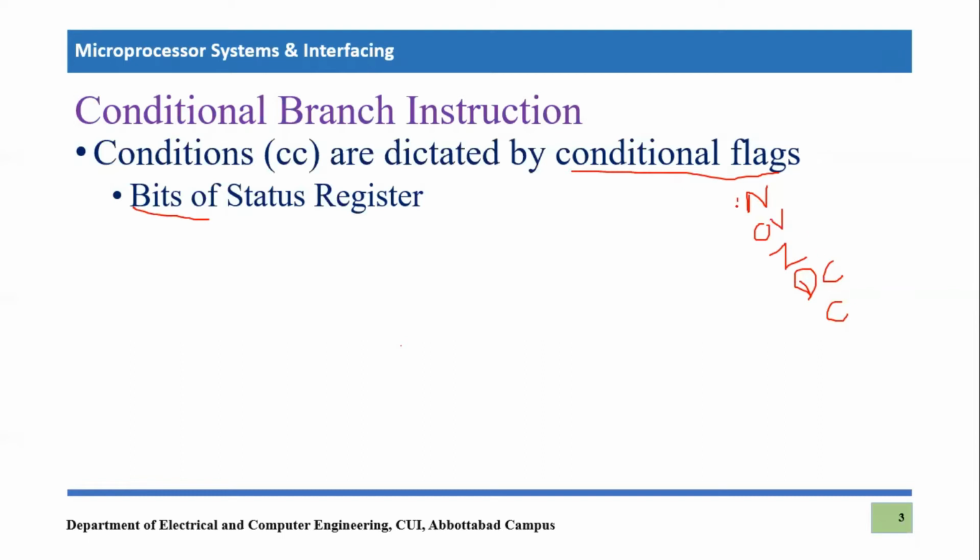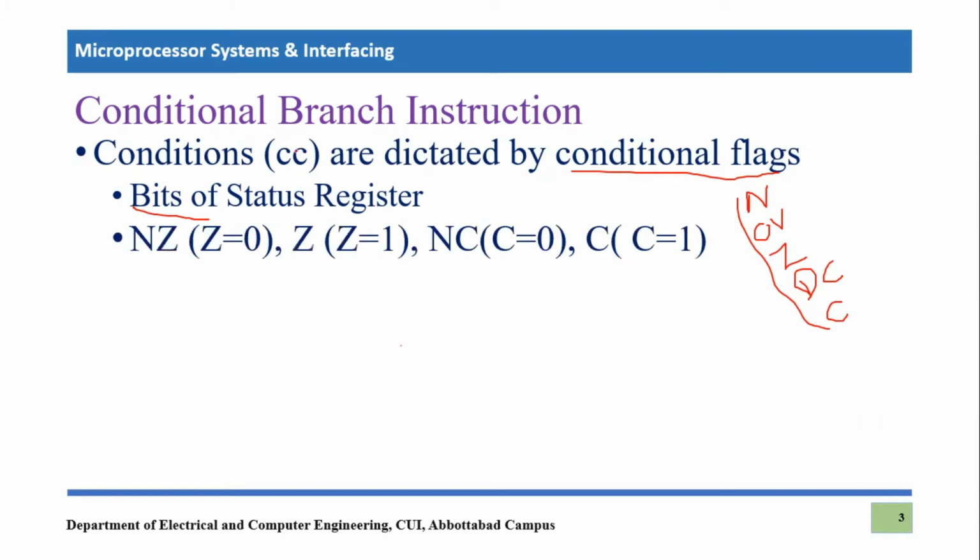Based upon these bits, there are certain conditions which can be checked by the microcontroller CPU, and based upon these conditions we generate various branches. For example, NZ is a condition that refers to Z equal to 0. Whenever we say branch NZ, that means we will be jumping whenever Z is equal to 0.